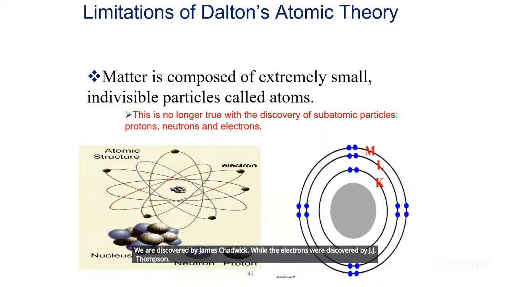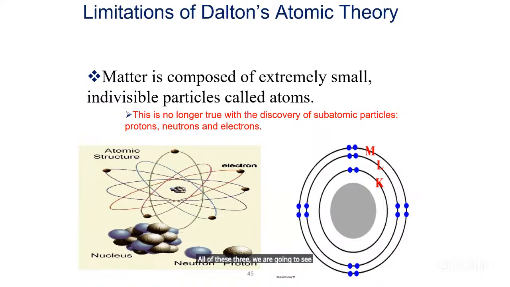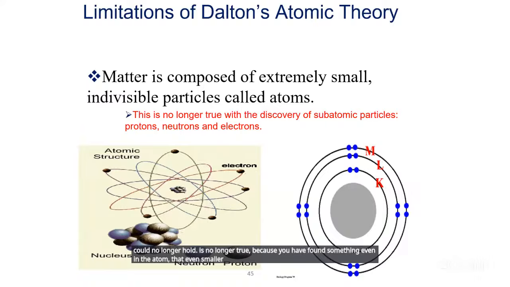All of these three, we are going to see how the experiments were carried out. But at least you now know the scientists that discovered each of these subatomic particles. And because these subparticles are smaller than atoms, Dalton's postulate that matter is composed of extremely small indivisible particles is no longer true, because you have found something even inside the atom that is smaller than the atom.